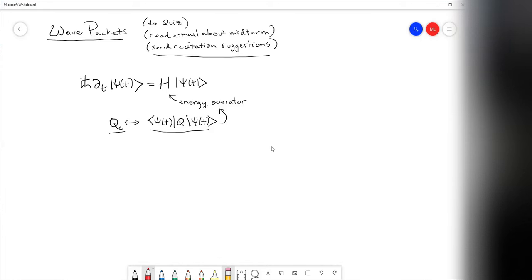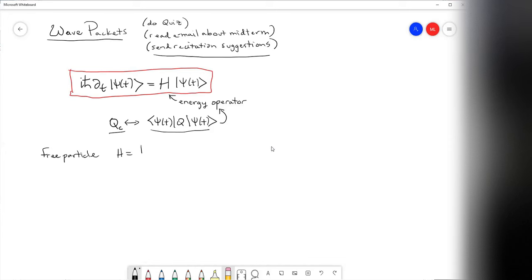There are, I think, other ways of showing it's the energy operator, but we're just going to go with it for now. This is the thing that we're going to be looking at solving. And the first thing to solve, of course, is a free particle. It's just the particle hanging out on a line and moving around with some momentum.